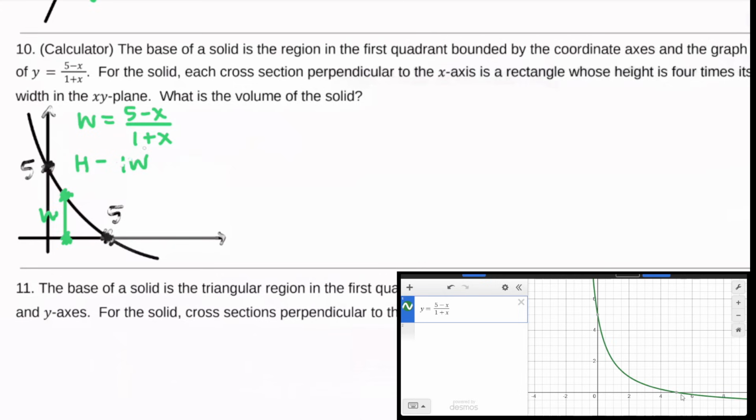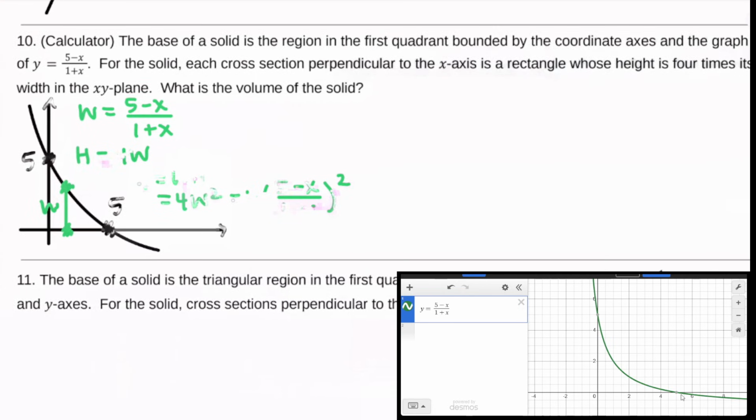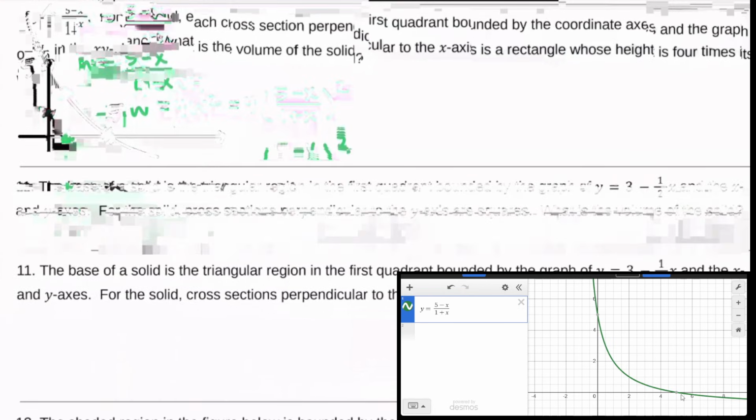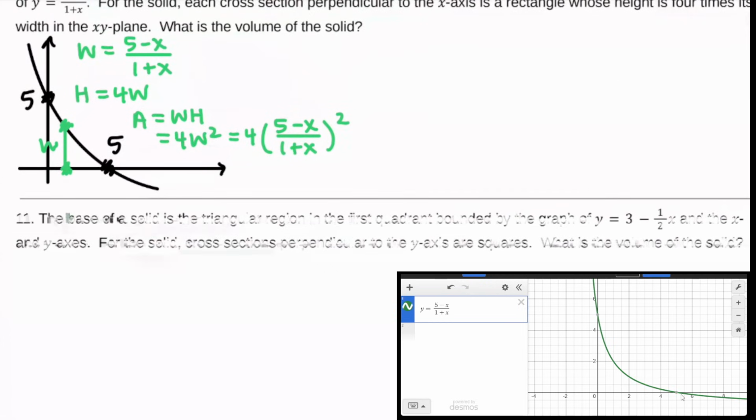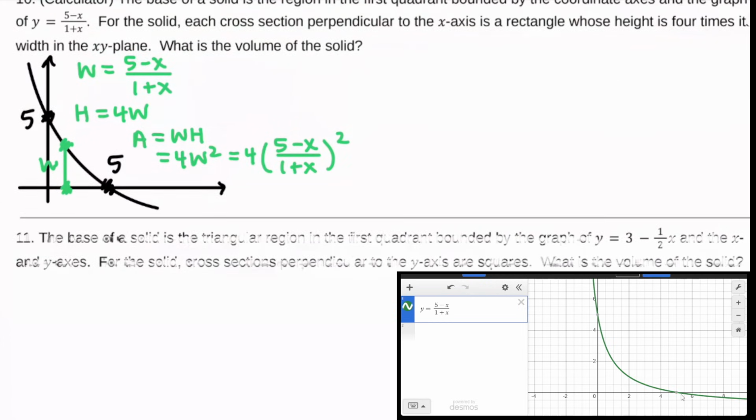Okay, and we know that the area of a rectangle is the width times the height, so that's equal to 4 times the width squared. All right, so I'm thinking 4 times that fraction squared, 5 minus x over 1 plus x squared. All right, so that's what I'm going to want to integrate.